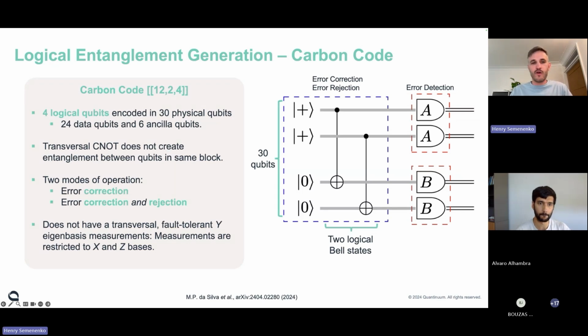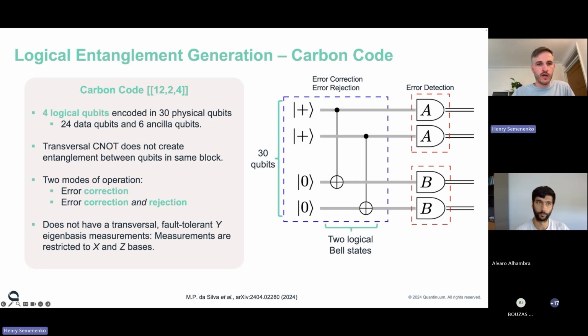If we do solely error correction, then the correction is performed arbitrarily, and if there are errors which have equal weight or are equally likely to have occurred, it's just chosen arbitrarily. Whereas in the error rejection regime, we reject this and instead would restart this operation if we were generating a resource state.